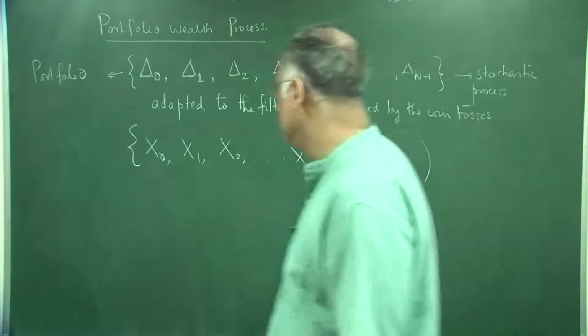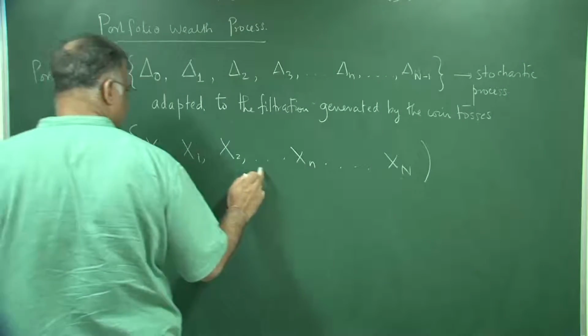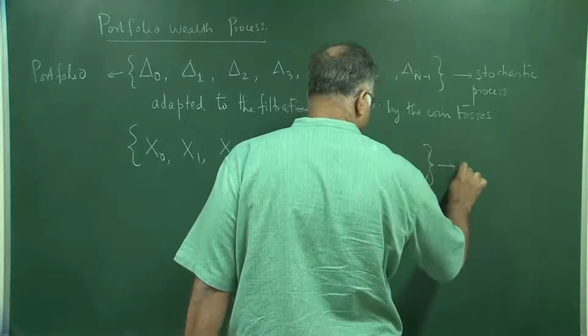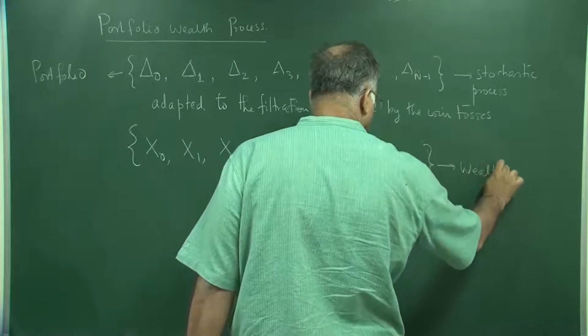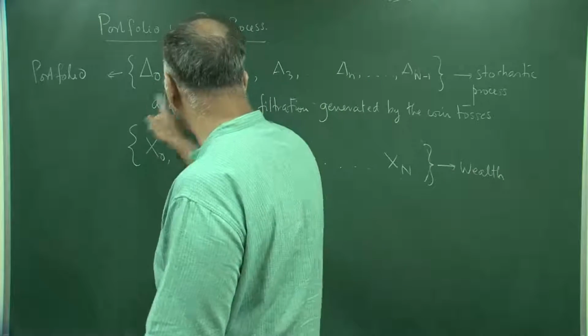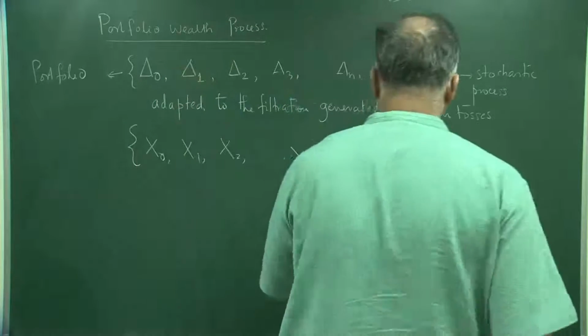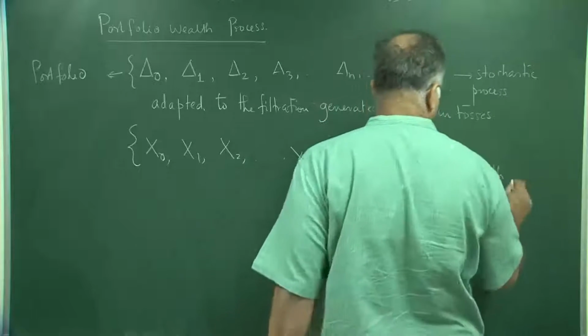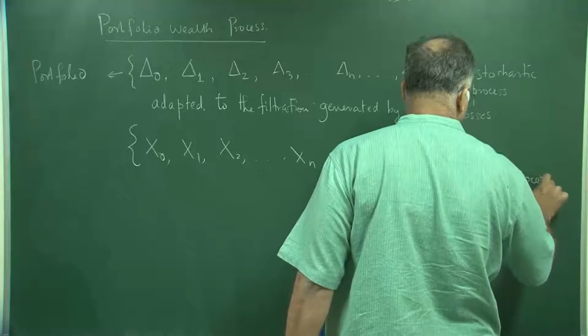Each of these random variables that make up this stochastic process is called the wealth process. And again this is an adapted process, adapted to the filtration, and it depends on whatever information you have till time small n. So, Xn would depend on that.